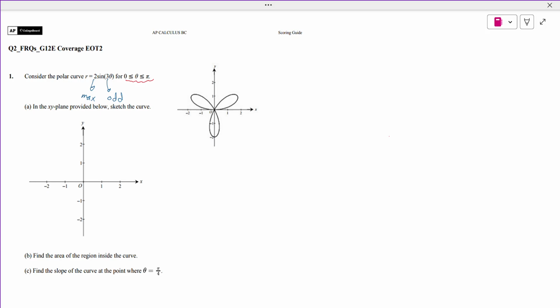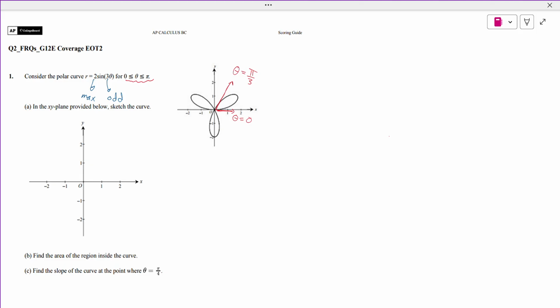Here this is theta equals 0, and for the end of this petal, we've got theta equals pi over 3, which is 60 degrees.